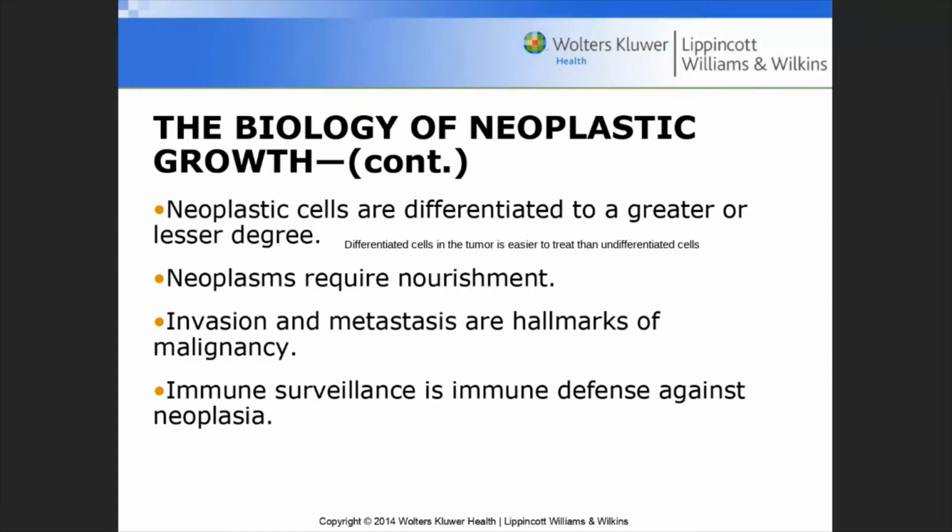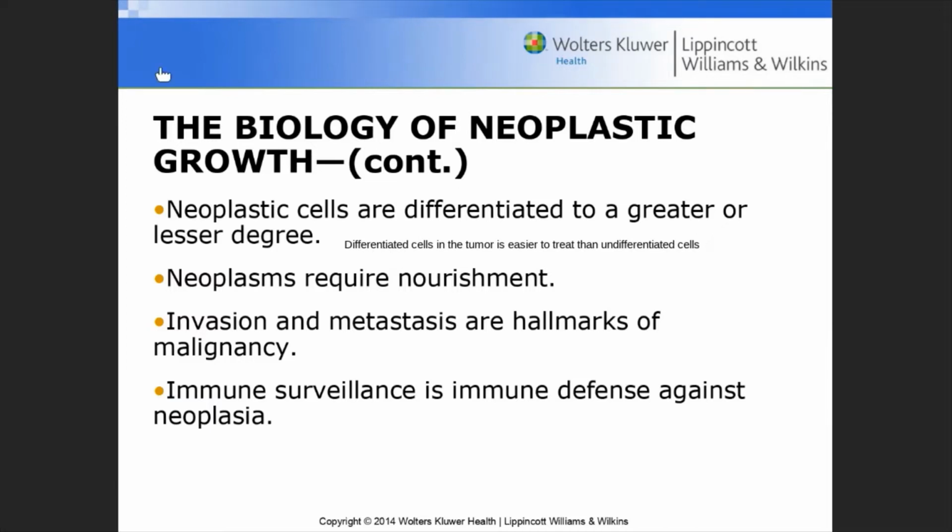If they're undifferentiated, then they kind of go back to their original state. But differentiated cells tend to be easier to treat than undifferentiated cells. I can tell you that.